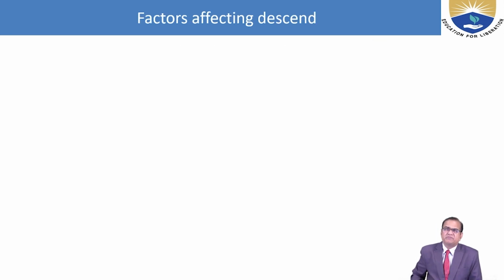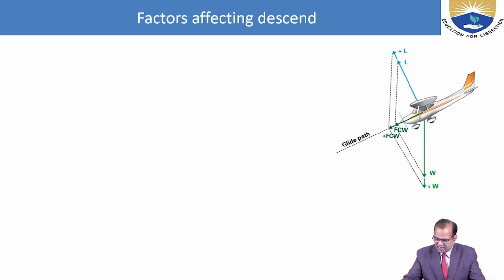Now, as previously I have discussed factors affecting the climb, there are some factors which are affecting the descent also. So here I have shown one diagram. Here we can see that the weight is here. It is descending. There will be a drag in this direction.